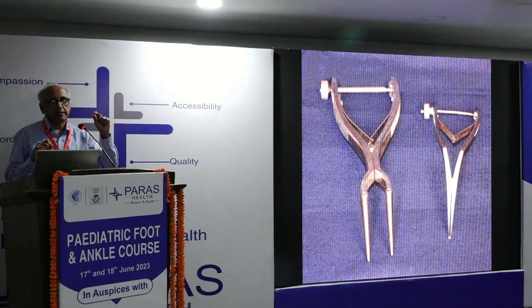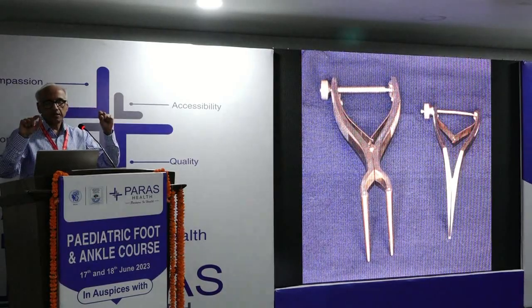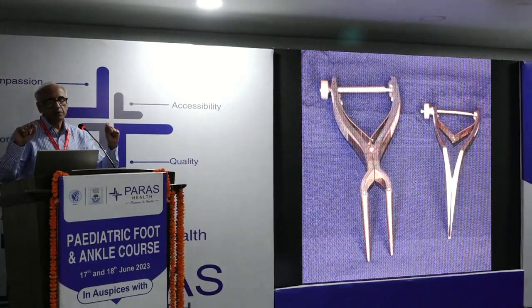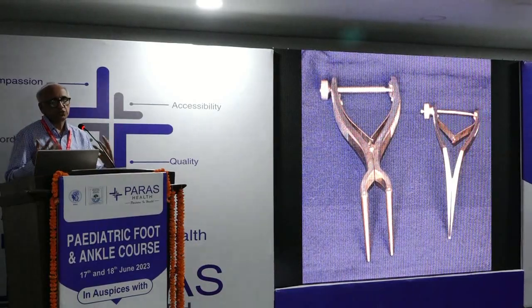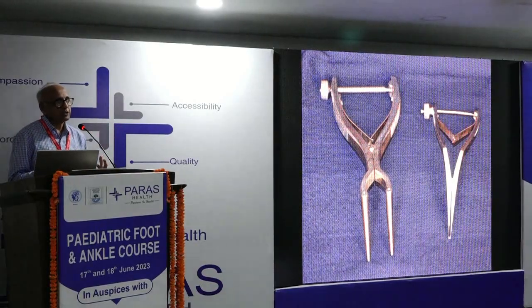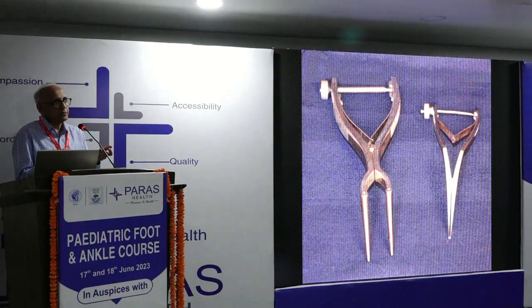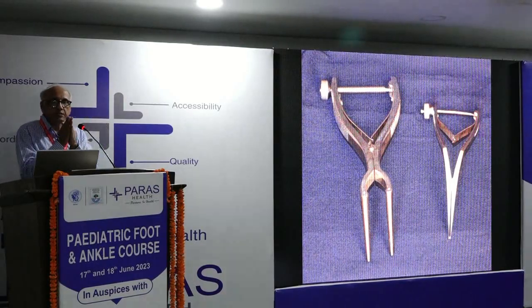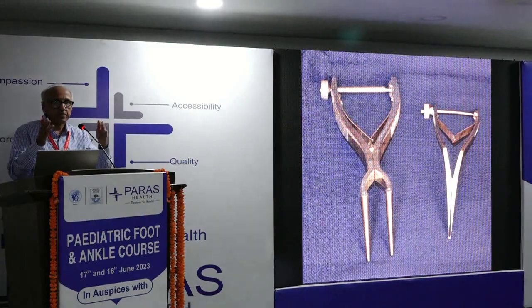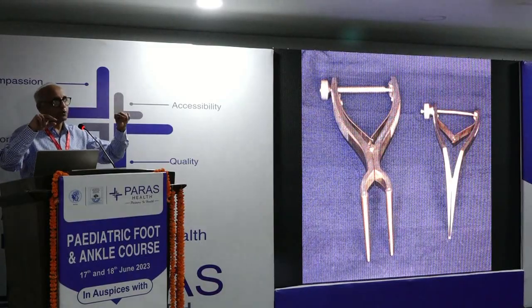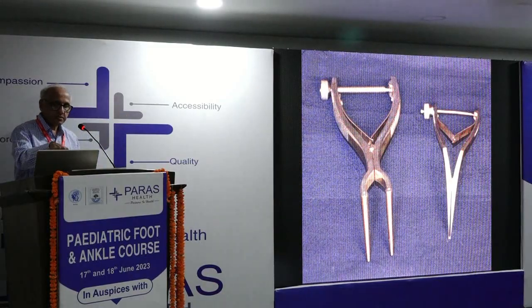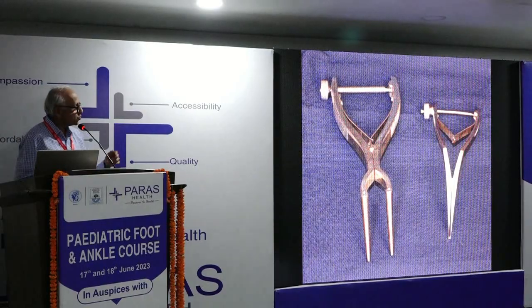The problem with that is that it crushes the cancellous bone. Somehow our children's bones are not strong enough, and when we apply this, it crushes the bone. So instead of actually opening the osteotomy, it crushes the bone. So I have found this instrument, the one which is shown over here.